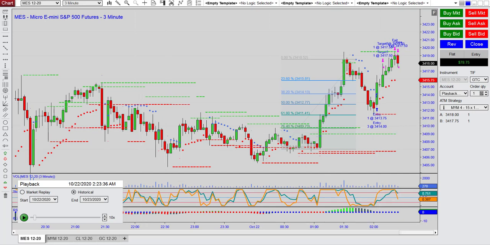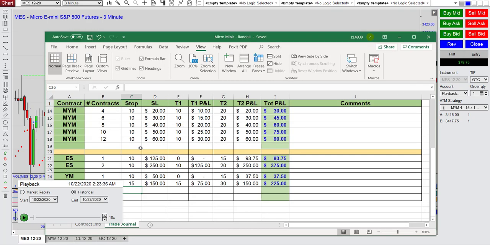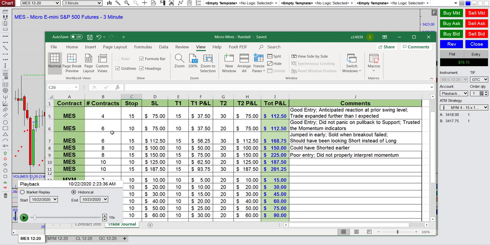And with that, micro E-minis, MES, 4 contracts, stop of 15, we were risking $75, and it should say we got 112, but we didn't get all the way up to 30. But that was what we were risking.